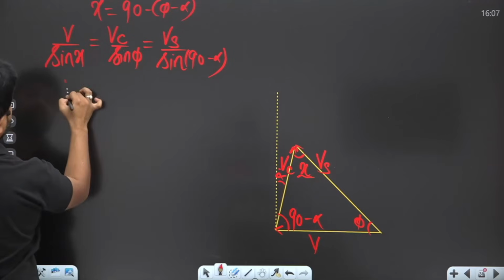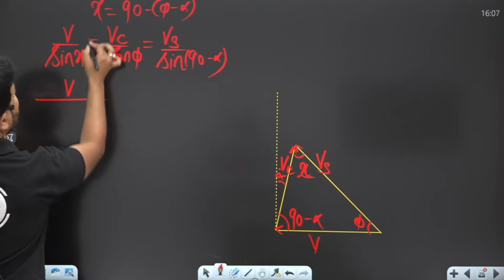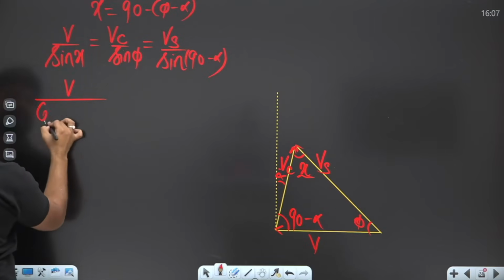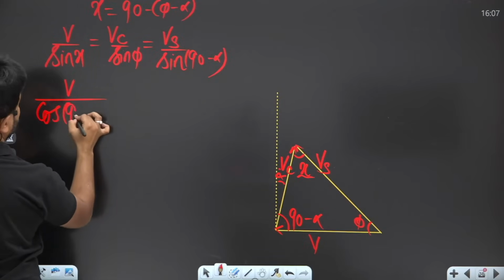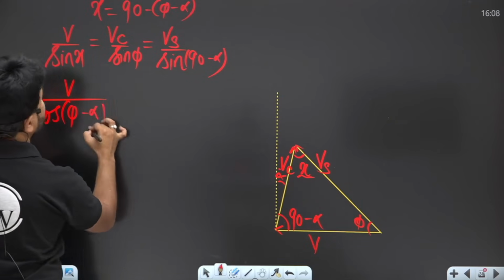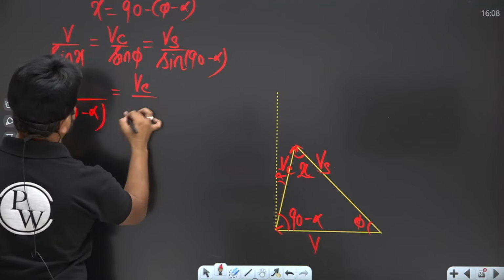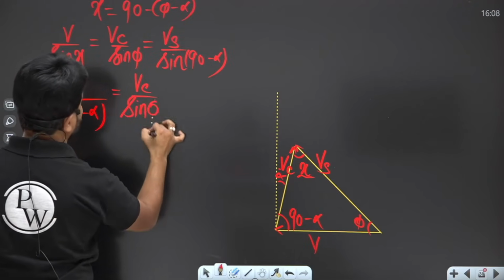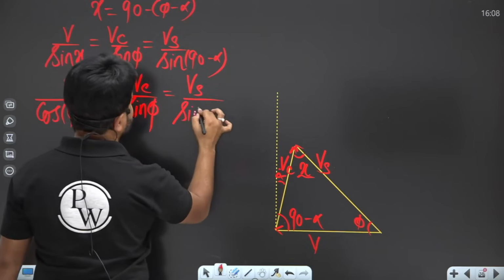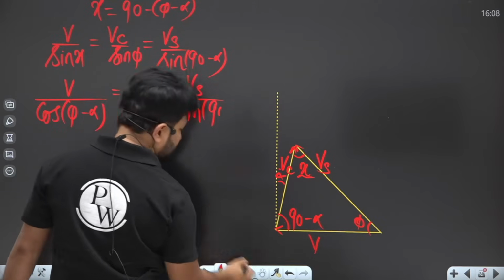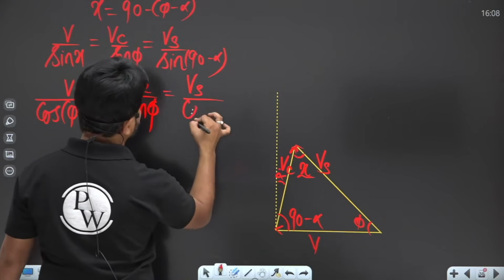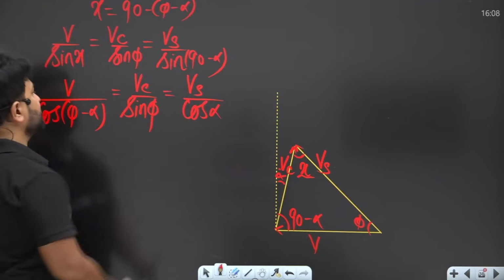Now sine of x, where x is 90 minus phi minus alpha, I can directly write as cos of phi minus alpha. And sine of 90 minus alpha you can also write as cos of alpha. So this is a very important relation.